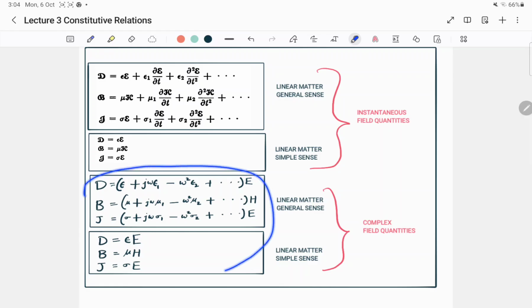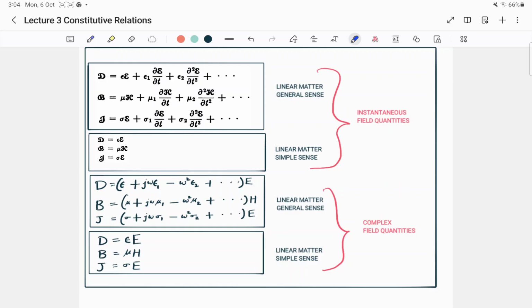And these two sets of equations are written in complex field quantities for linear matter in general sense and in simple sense. So in this lecture, this is the basic overview which we are going to see.